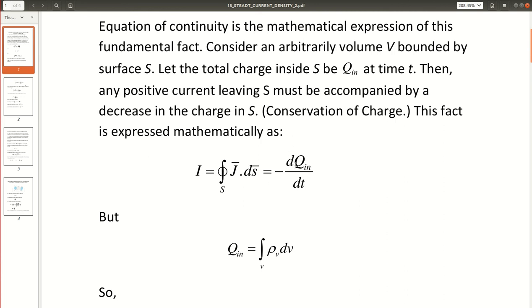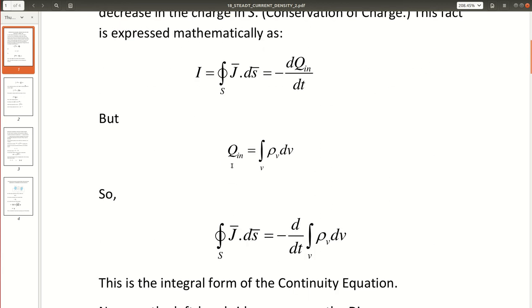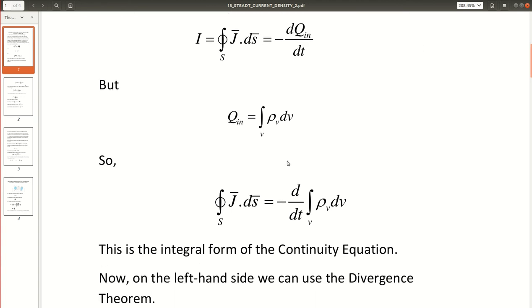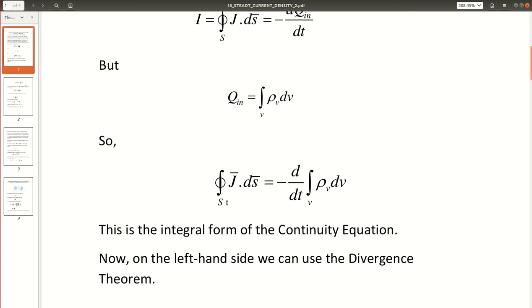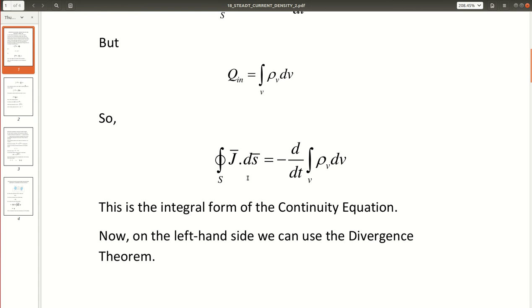The charge is equal to the charge density in the volume, so you can put Q here, and the integration of the current density equals minus the change of the charge density.